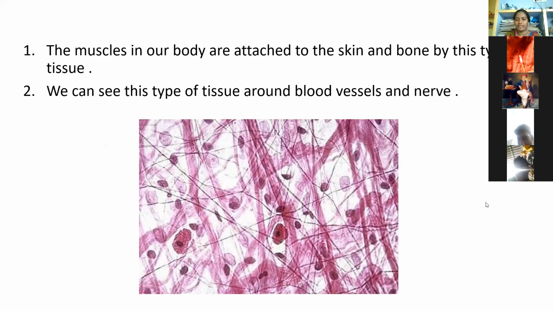That is the connective tissue. Where is it found? We can see this type of tissue around blood vessels and nerves.